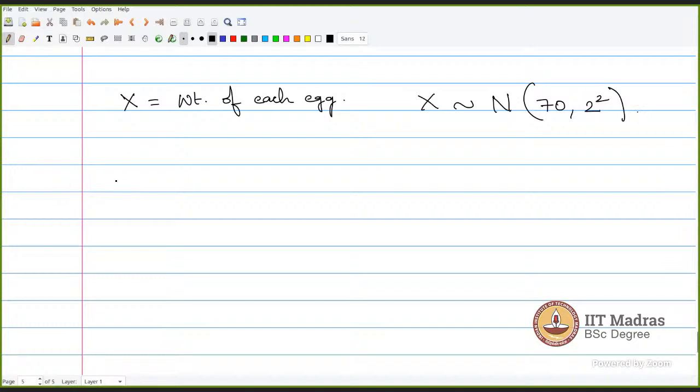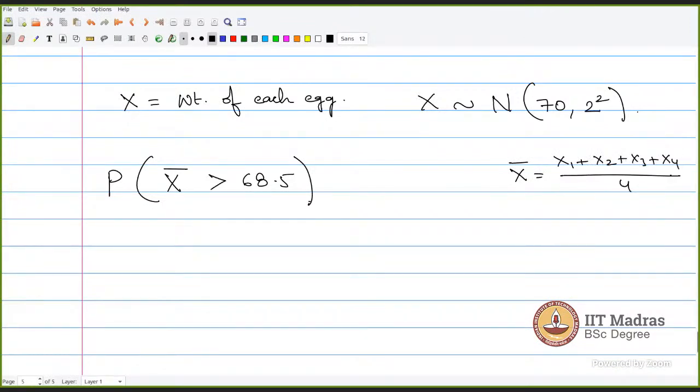What we are asking is the probability that the mean is greater than 68.5. So we know x bar is x1 plus x2 plus x3 plus x4 by 4. So we are considering 4 x's and the sample mean will be x bar.